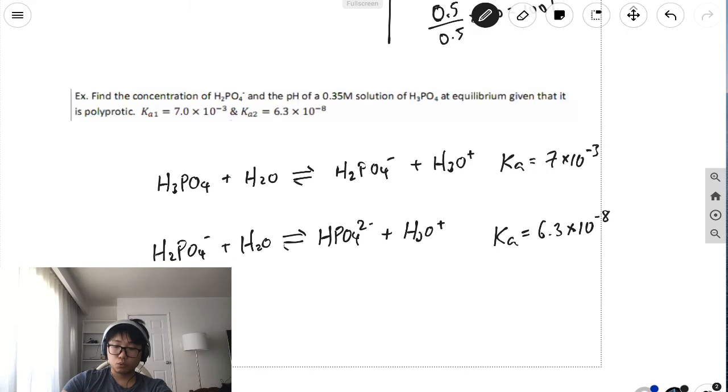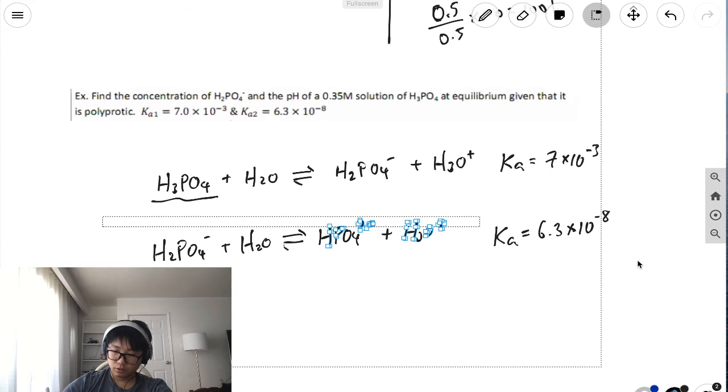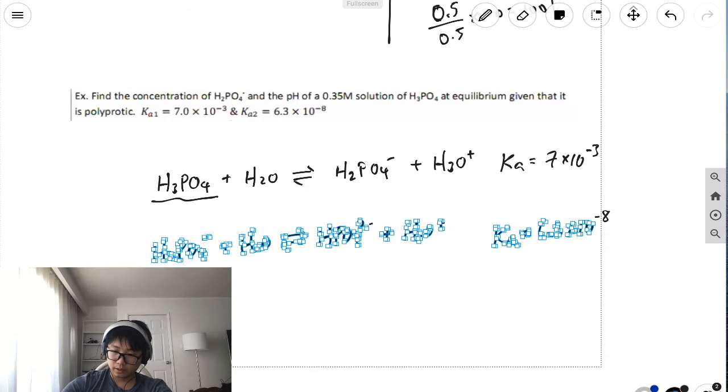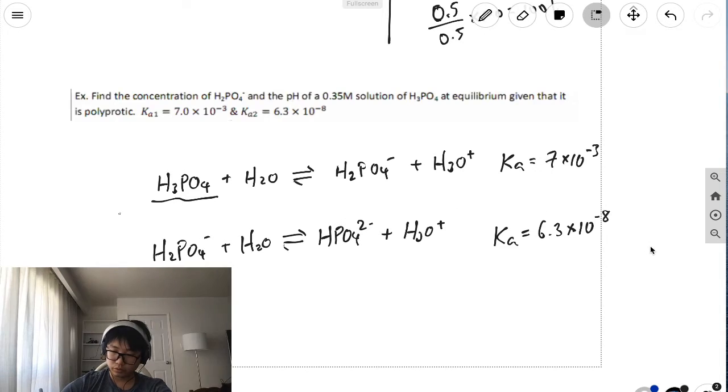So what they're saying is this. If we begin with a certain concentration, I'm going to move this down so we can build an ice table for that first equation.